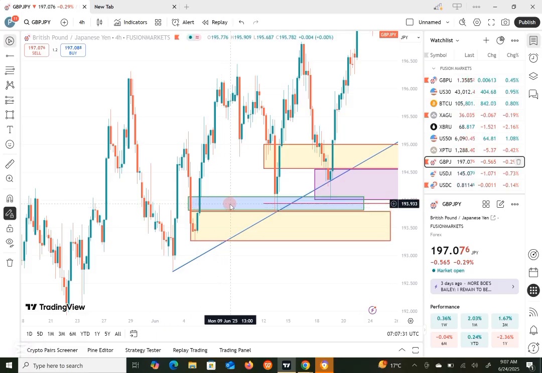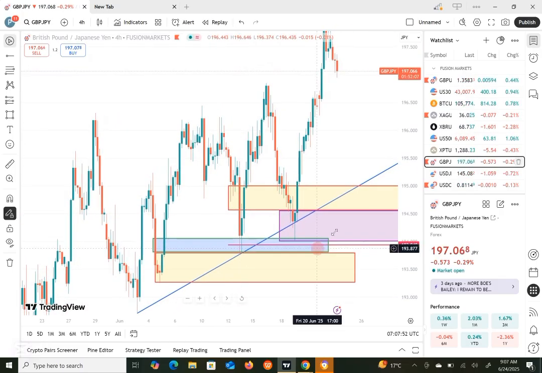This is representative of the imbalance, where there's an imbalance between buyers and sellers, and then there's a void, a gap left in the market that the market can come back and retest. So at times the market can come back and just retest the imbalance, the FVG, and not retest your order block. So you need to be aware of that as well.